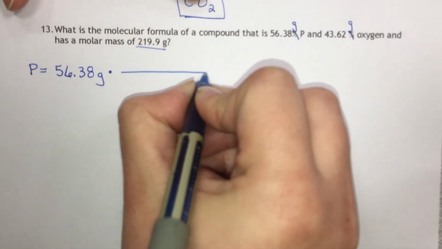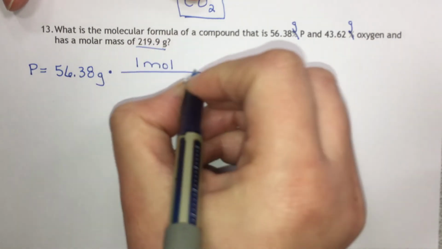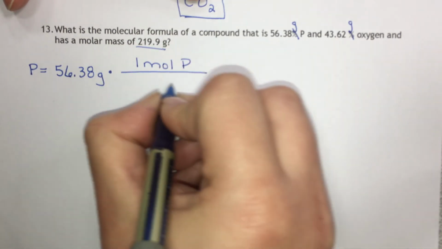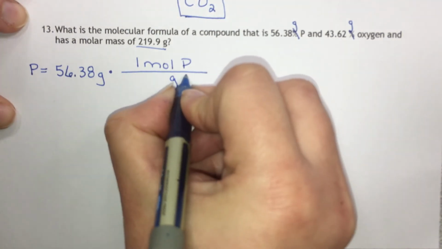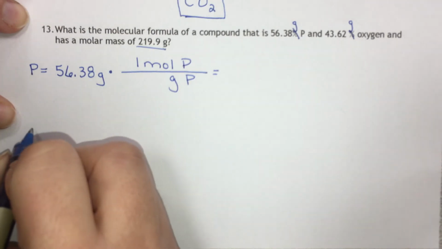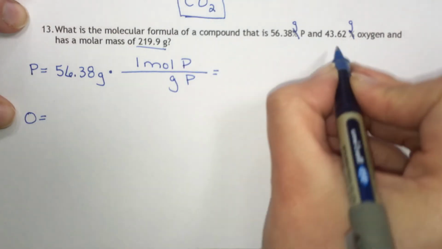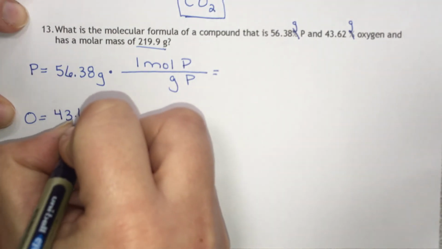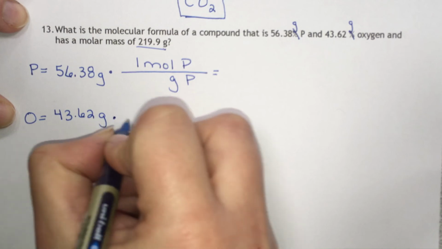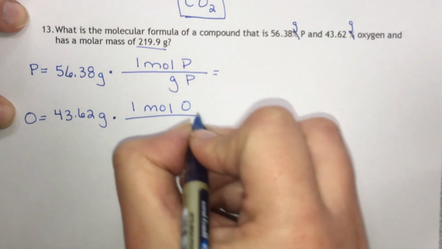And we're going to convert that to moles. Phosphorus. And we will have grams of phosphorus. And then we will have oxygen, which we have 43.62 grams of it. So we have 1 mole of oxygen.